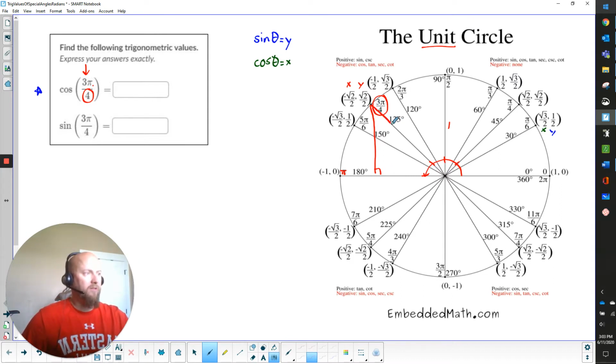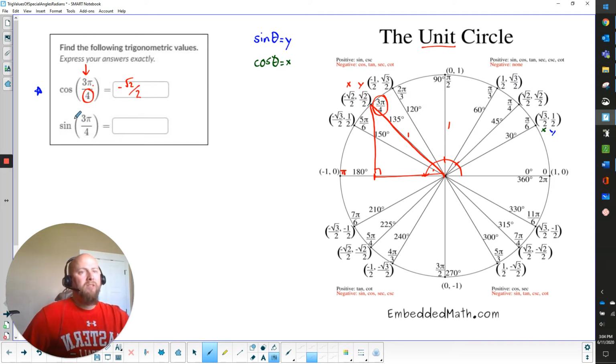Never the y-axis, always the x-axis. So the x coordinate is this value from here to here. It's this base leg, which, if you're standing at the reference angle, is the adjacent leg, and your hypotenuse is 1. So negative root 2 over 2 divided by 1 is negative root 2 over 2.